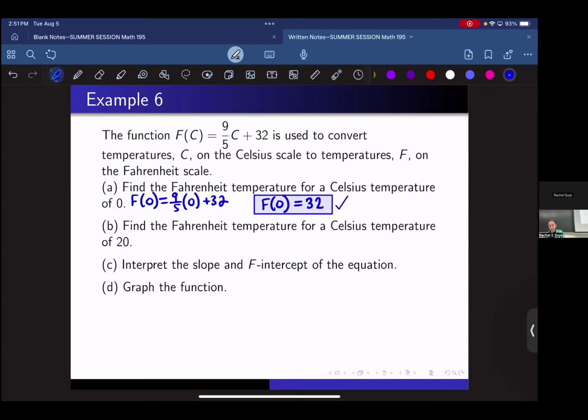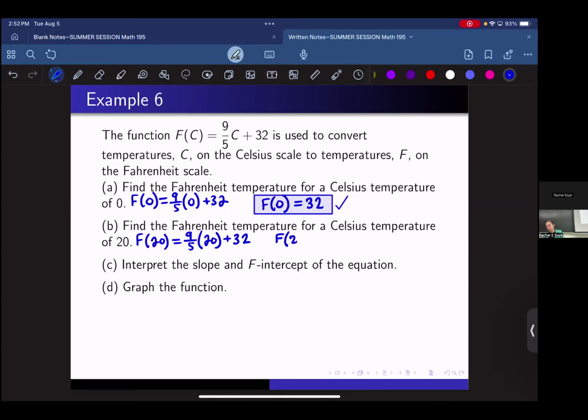Now we want to find it when C equals 20. So wherever you see a C, we're now putting in 20. 9 fifths times 20 is the same as 20 divided by 5 times 9, which is just 4 times 9, which gives us 36.